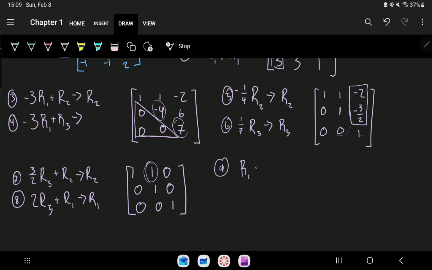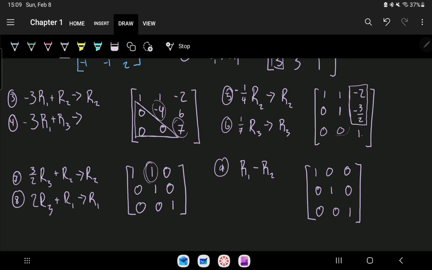So I can do row 1 minus row 2, which is the same thing as negative row 2 plus row 1, if that is an easier way to think about it. And you'll notice starting from the bottom, we have the second row where we need it to be. It's going to be 1, 1 minus 1 is 0, and now we have all our boxes checked.